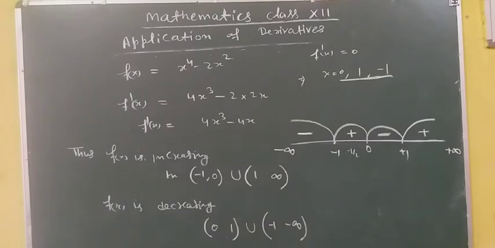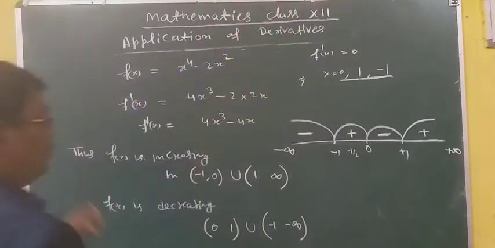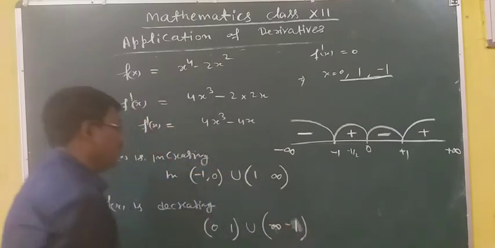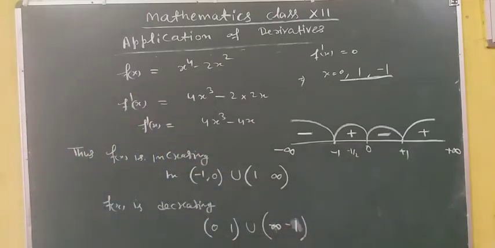These are all the values in which the function is increasing or decreasing. Nothing is less than minus infinity. So it is decreasing in minus infinity to minus 1 and 0 to 1, and increasing in minus 1 to 0 and 1 to infinity.